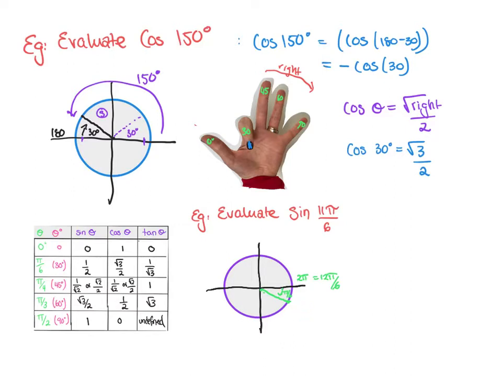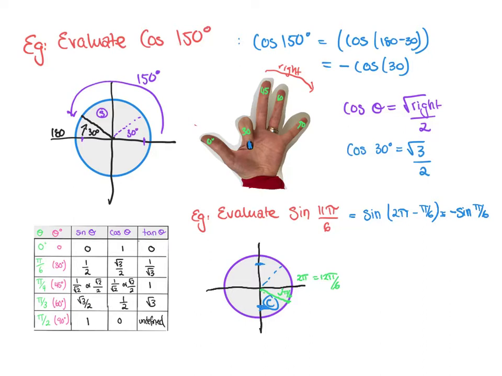So if you were evaluating this, we could say that sine 11 pi on 6 is equal to sine of 2 pi minus pi on 6. And we can see down in this quadrant, only cosine is positive, so we know that's equal to the same as negative sine pi on 6. So it's the same as if we went up here, but it's the negative version.